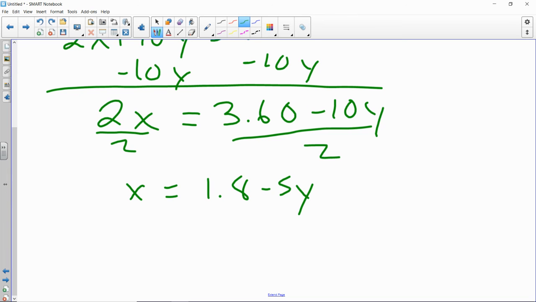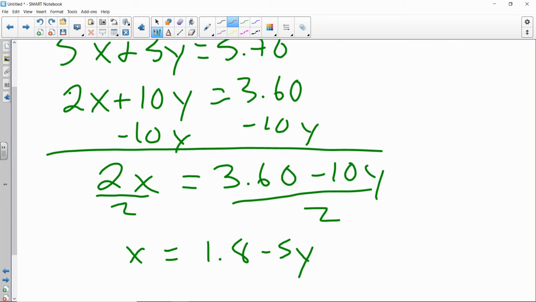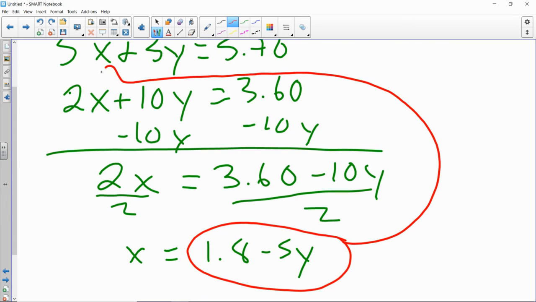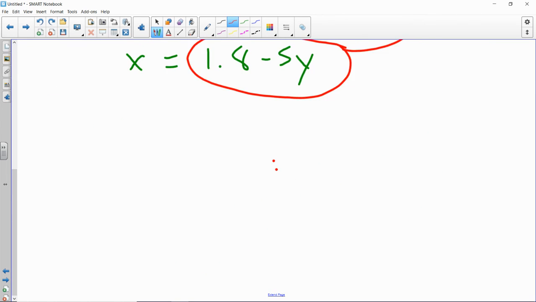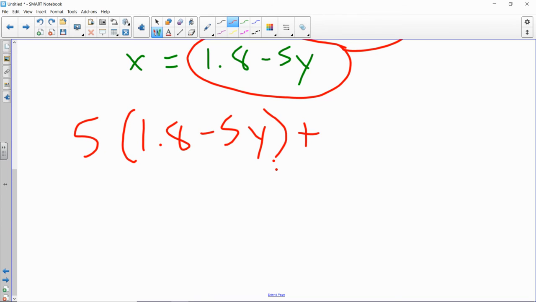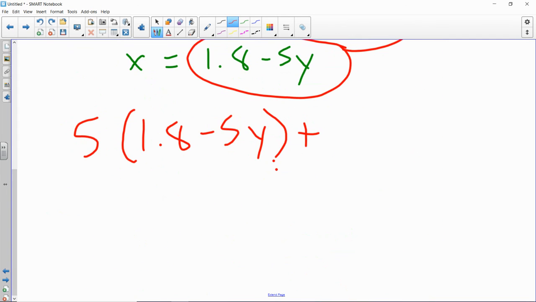So I have a value for X, and now what I'm going to do is take this value and substitute it in the first equation wherever I see X. So 5 and then parentheses my value for X. And again, plus 3Y equals 570.